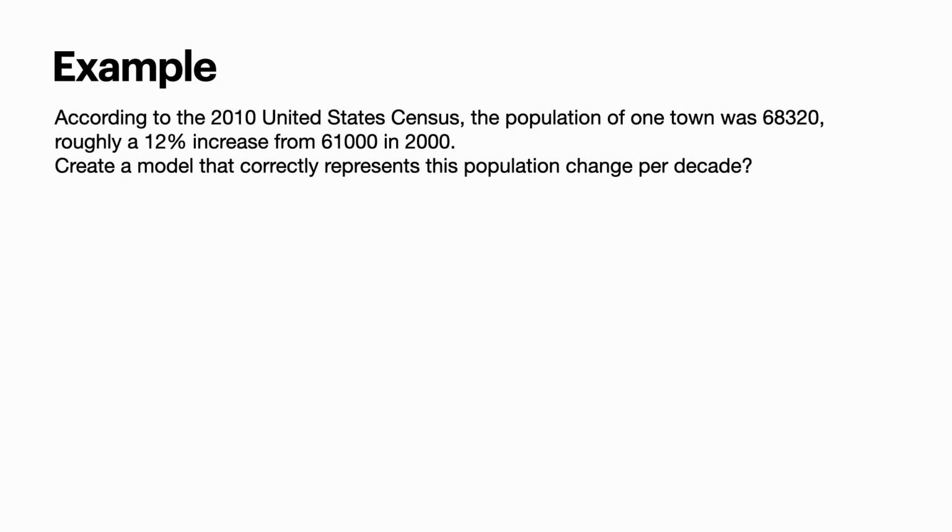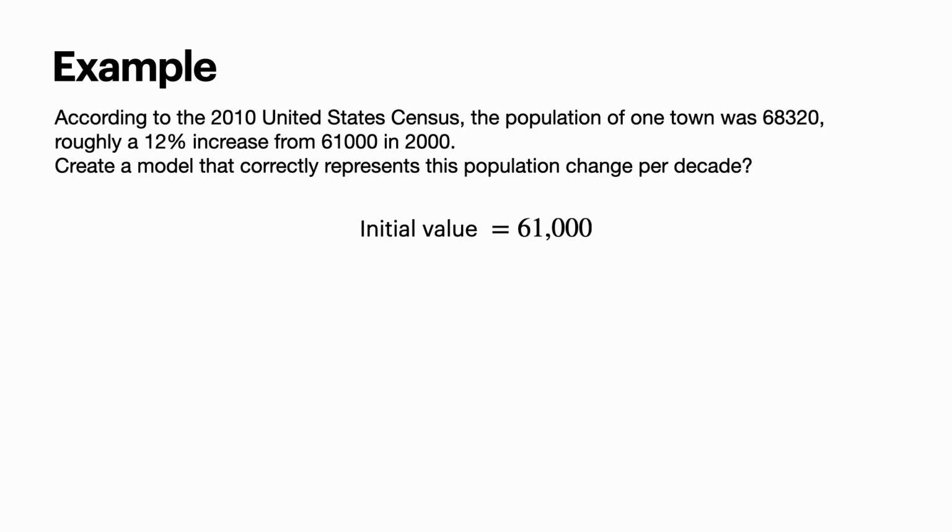Here's an example. According to the 2010 United States Census, the population of one town is 68,320 people, roughly a 12% increase from 61,000 in the year 2000. Create a model that correctly represents this population change per decade.